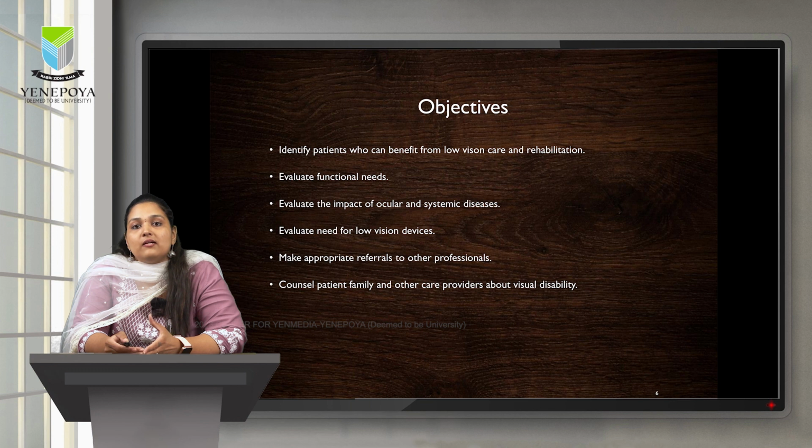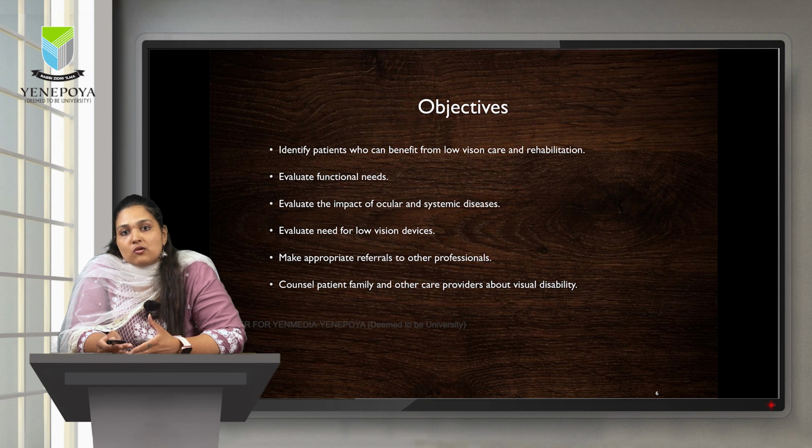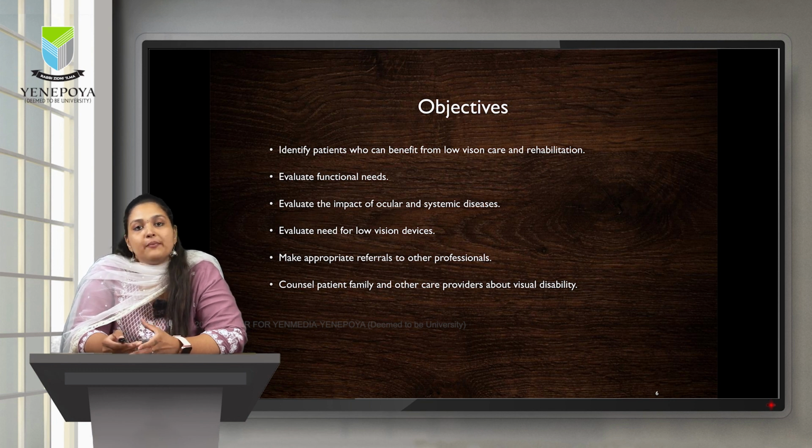After that, I can start with my low vision devices, counseling, or rehabilitation services. So we should be ready to give referrals to other professionals also for the benefit of our low vision patient.